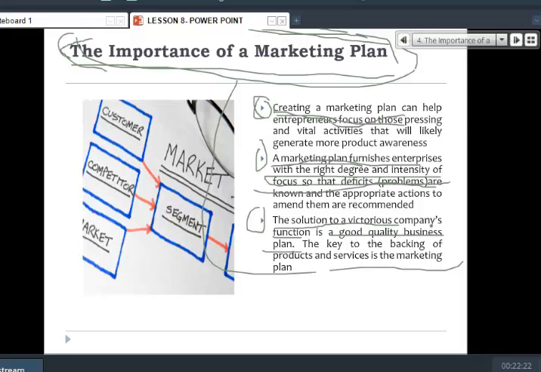The basic function for your company to succeed and to have successful awareness among its customers is to have a good quality business plan to explain the products and the service that you are giving.